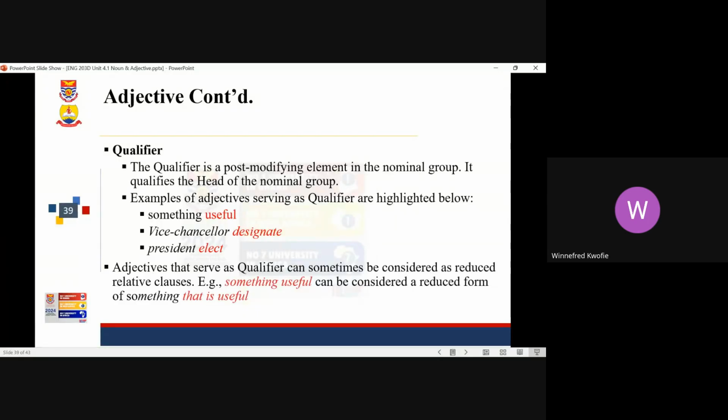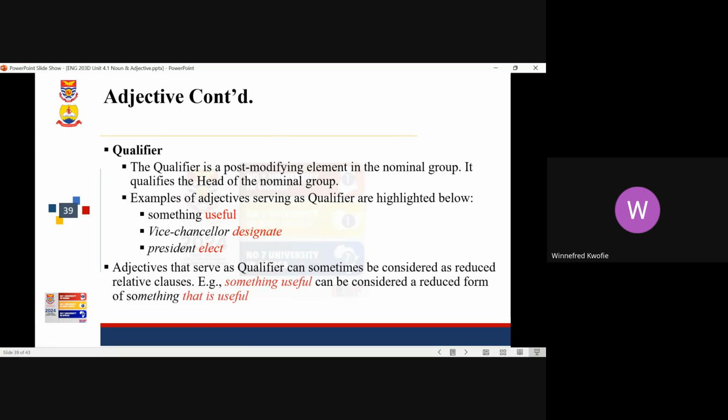Something useful. So the head word is something. But what is it about something? We are talking about something that is useful.